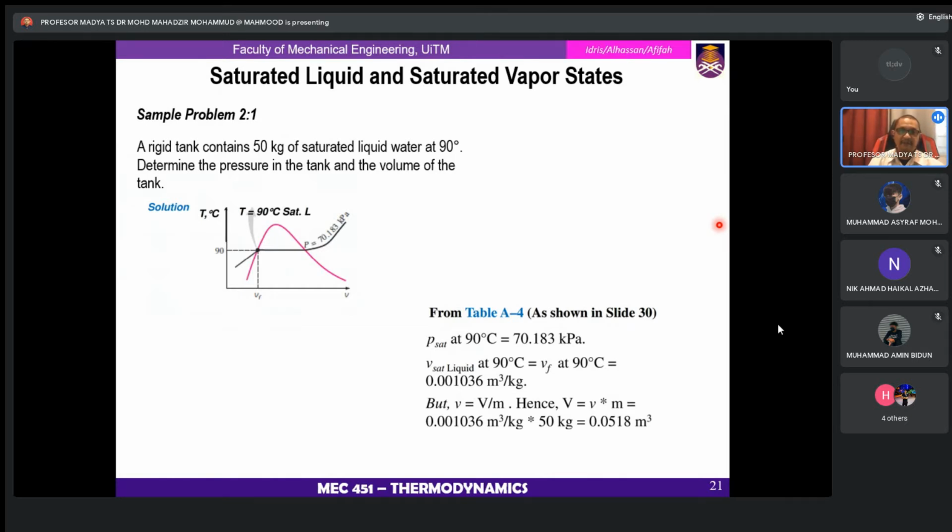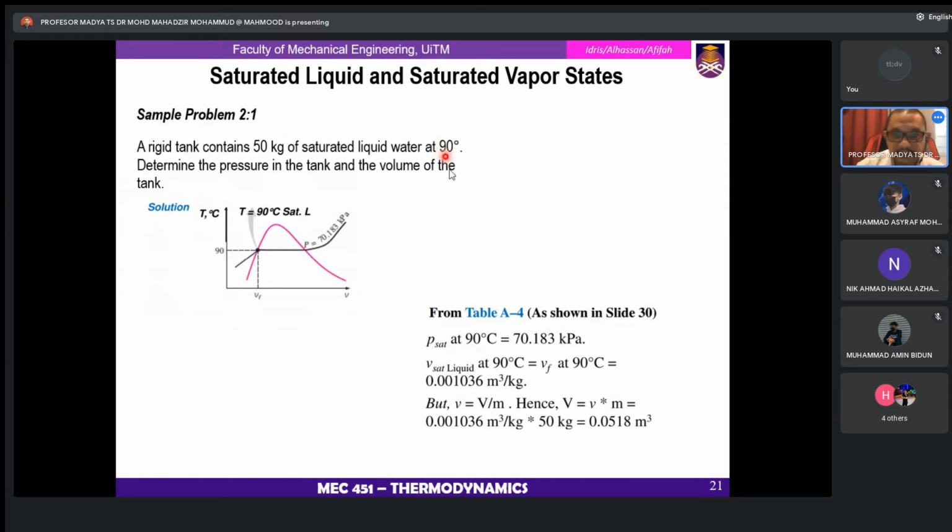Determine the pressure in the tank and the volume of the tank. It wants you to find the pressure in the tank and also the volume of the tank.